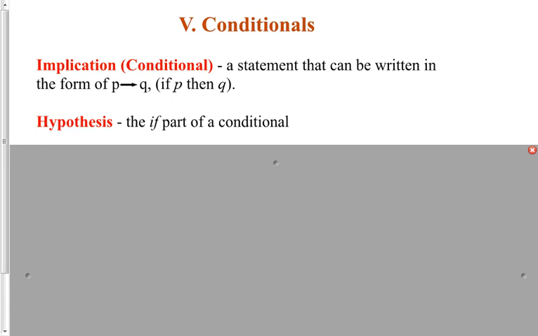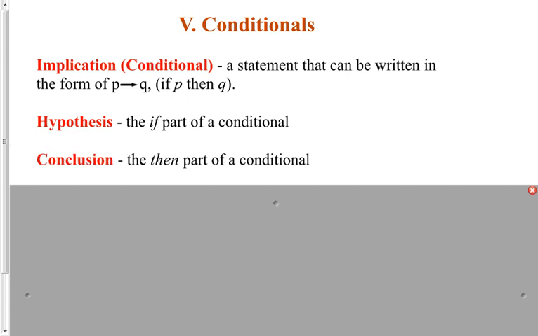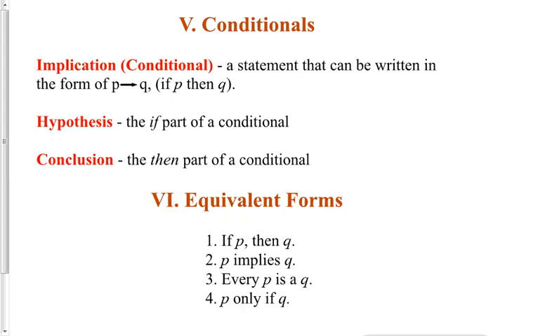We call the if part of a conditional statement the hypothesis. We call the then part of a conditional statement the conclusion. Now, there are 4 types of equivalent forms of conditional statements.